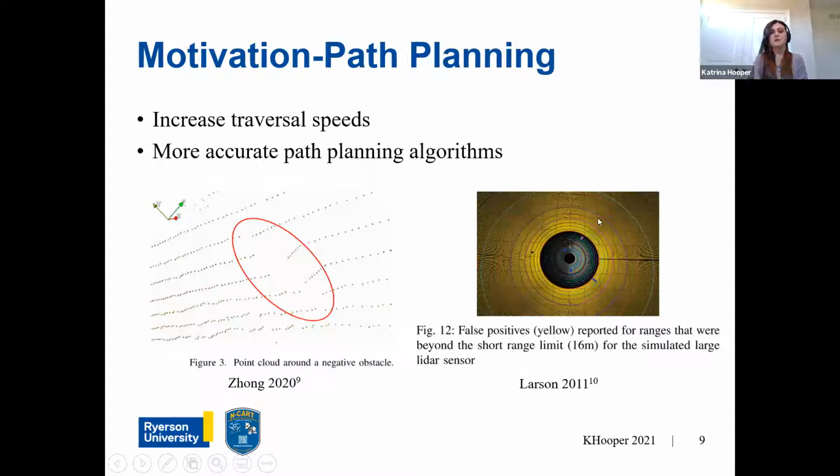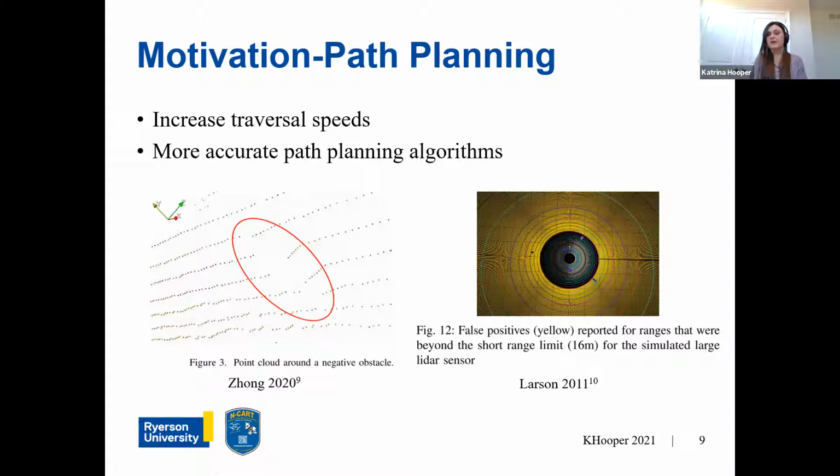Another big reason for us to study negative objects is that it can affect path planning algorithms. And path planning is used with respect to autonomous traversal, all these self-driving cars we see nowadays.